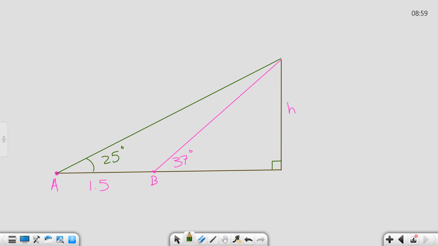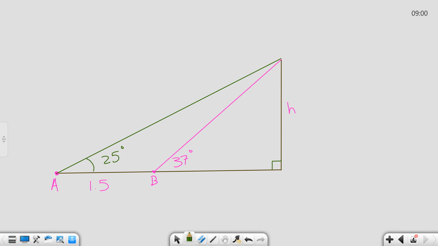How many are right triangles? 2, correct. The big one, the one with the 37-degree angle, and then that other one over there on the side is not a right triangle. We don't know how to work with right triangles, so we're just going to forget about that one. Yes, that's correct. Right? Good?